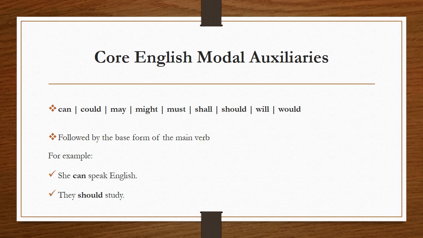These verbs are usually followed by the base form of the main verb. For example, she can speak English. They should study. The modal changes the meaning of the sentence while the main verb remains the same.